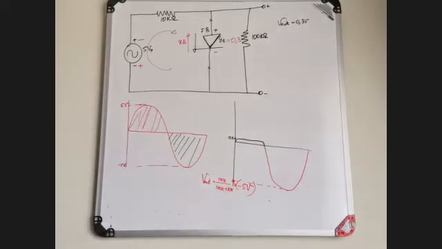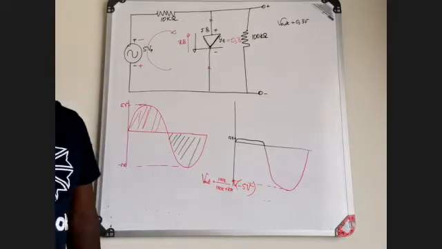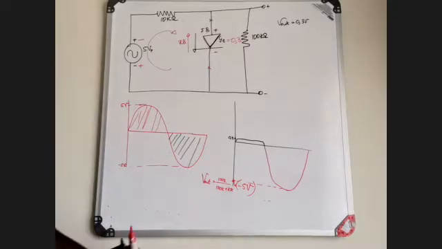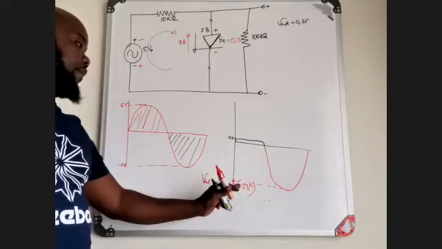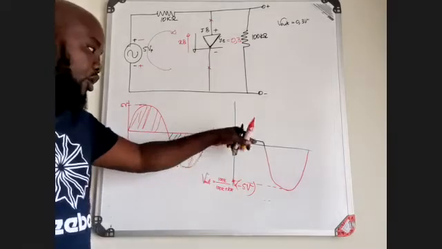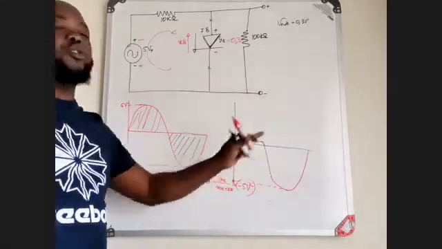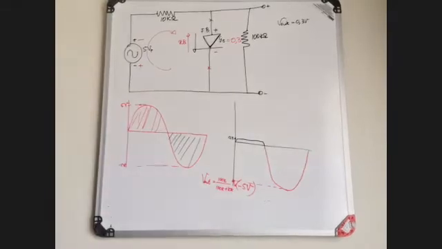You clip off or you limit the positive cycle, then you allow the negative cycle to go through. But for you to get the magnitude of the going through cycle, you have to use a voltage divider rule equation.